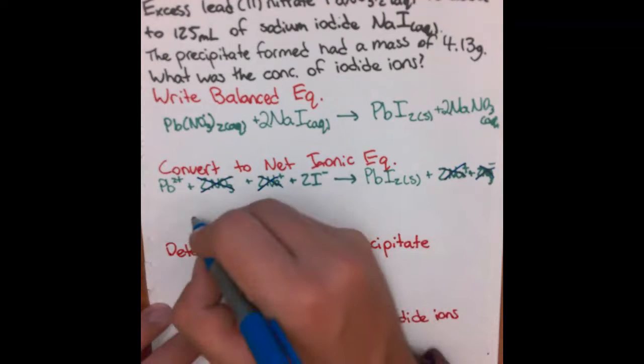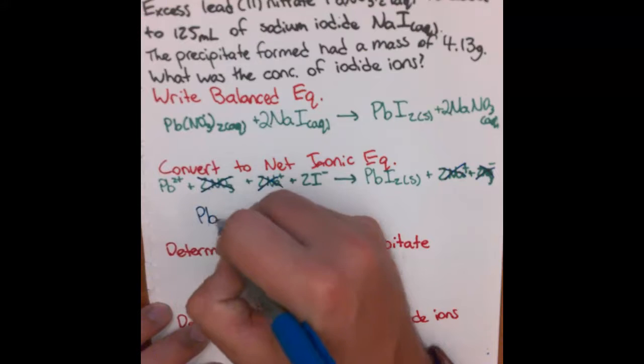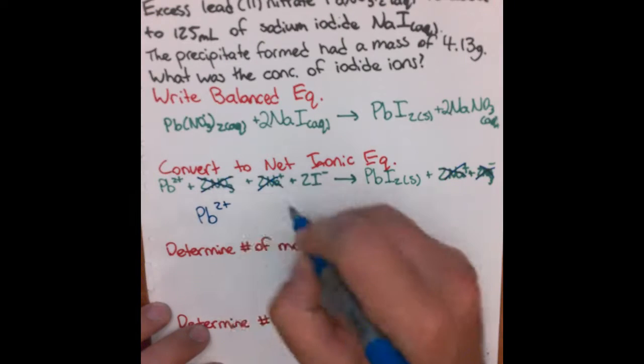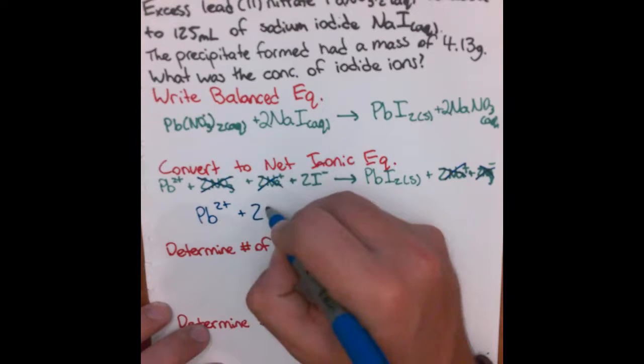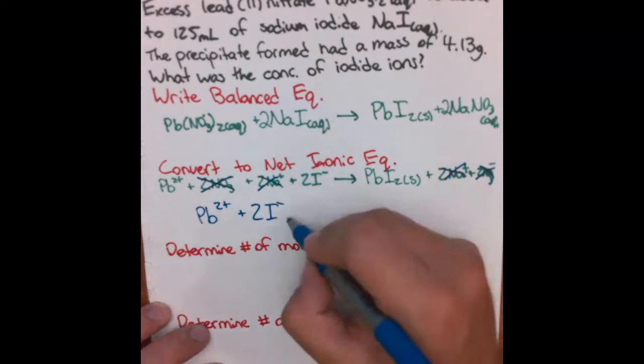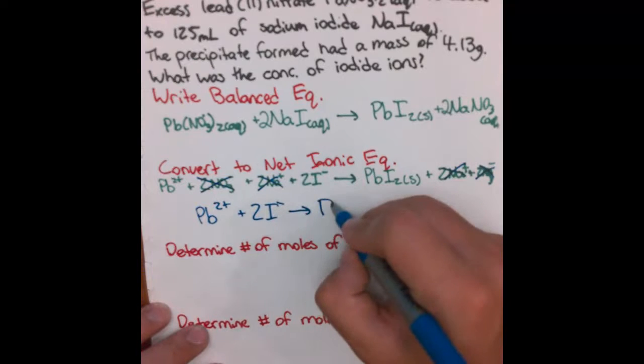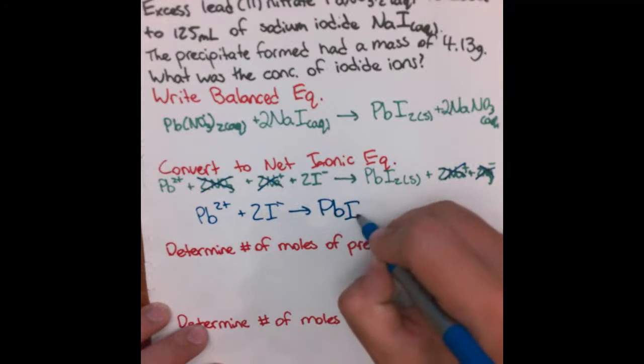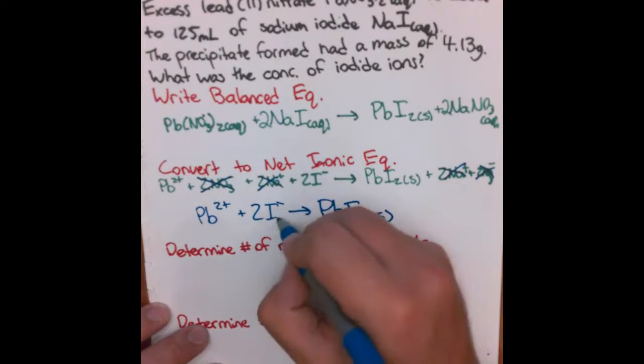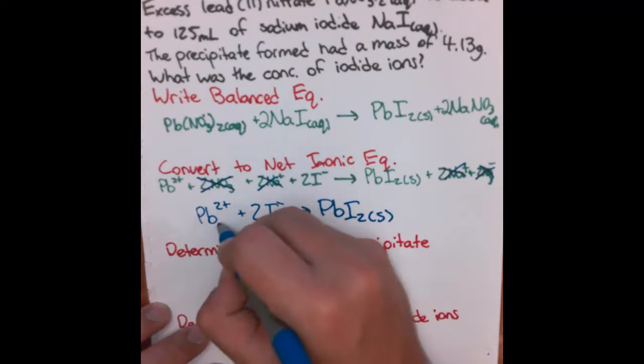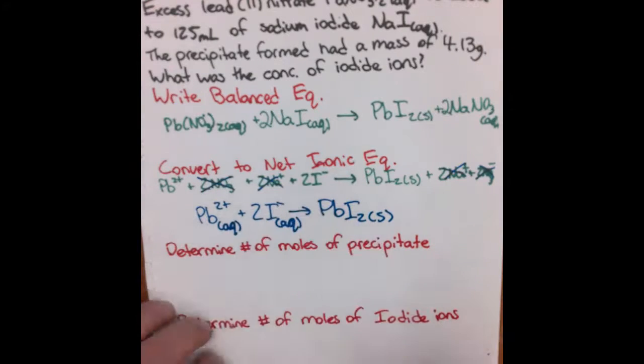So we can just transfer everything down. Pb2 plus, 2 I minus is going to work to produce PbI2 solid. And there's our net ionic equation.